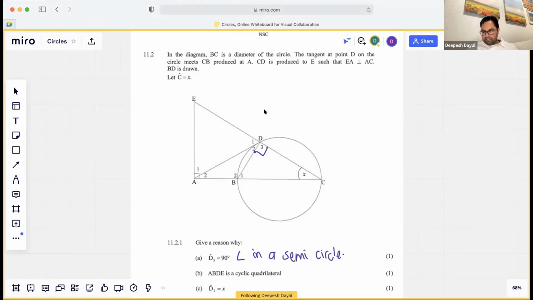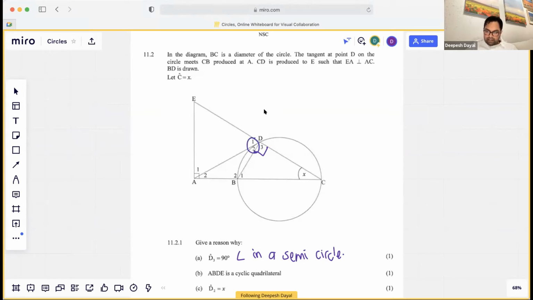Why is ABDE a cyclic quad? What is the reason? Opposite angles are supplementary, we can use that, if this is equal to that, right?